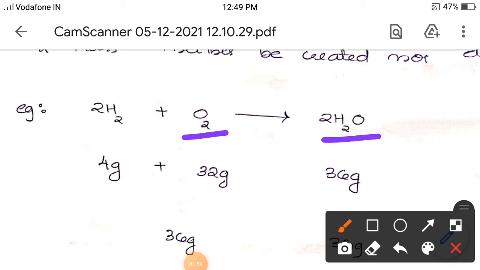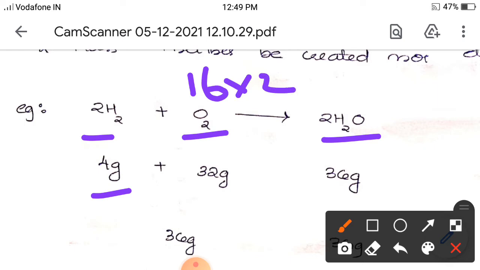Here the mass of hydrogen is 4 gram, and the atomic mass of oxygen is 16, so O2 is 16 into 2, that is 32 gram.